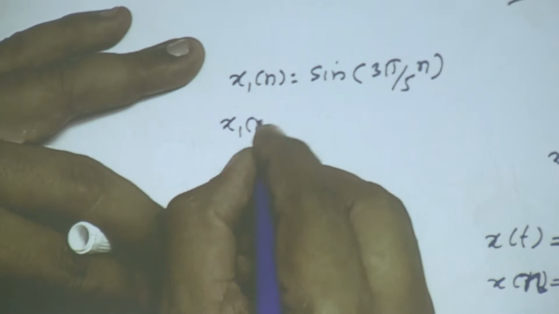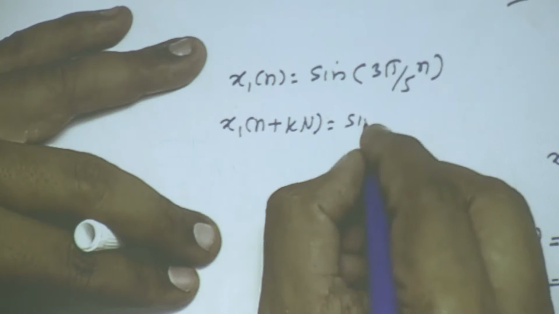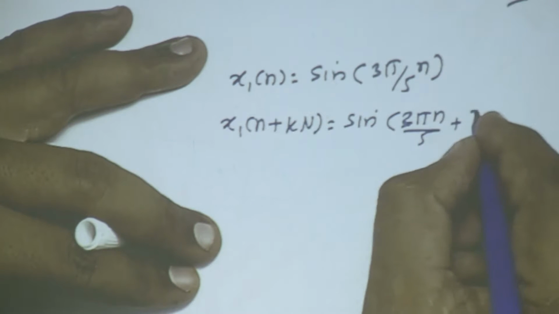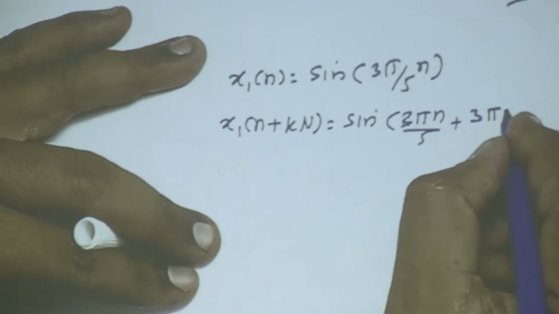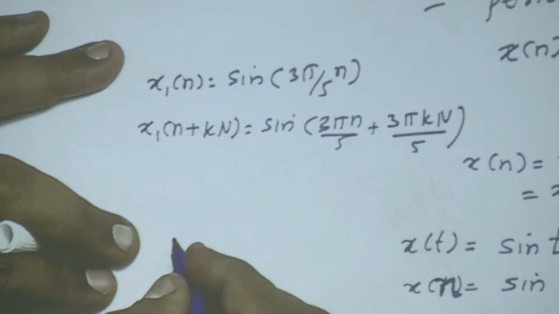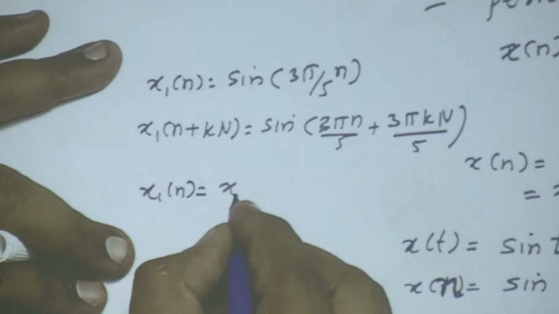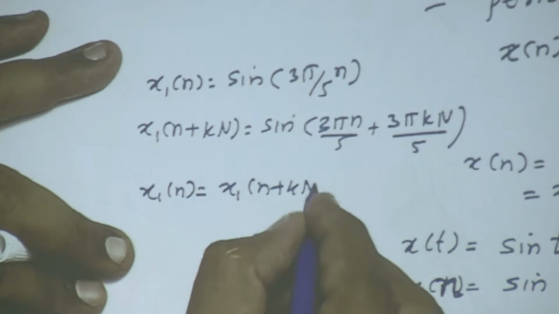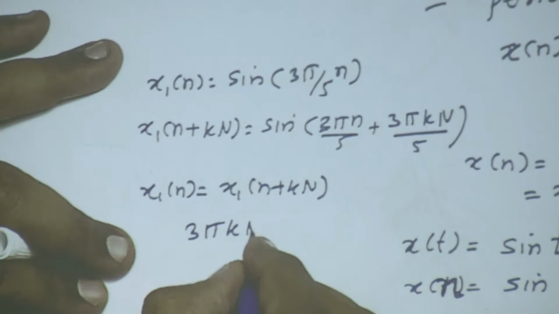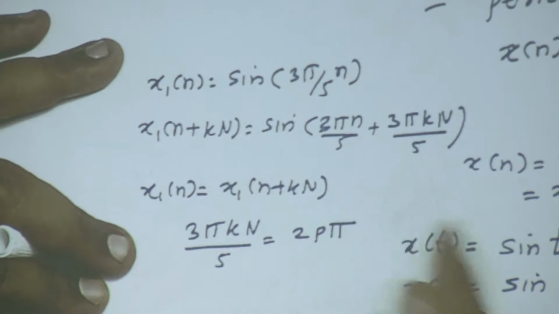Let's find out x of n plus k times n, which is equal to sine of 3 pi n by 5 plus 3 pi k times n by 5. So x1 of n will be equal to x1 of n plus kn if and only if 3 pi k n by 5 is equal to 2p pi.